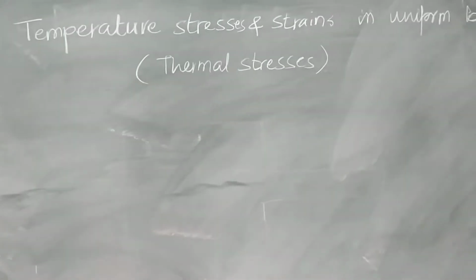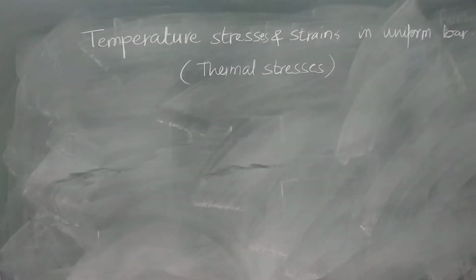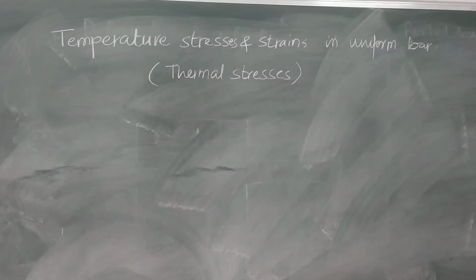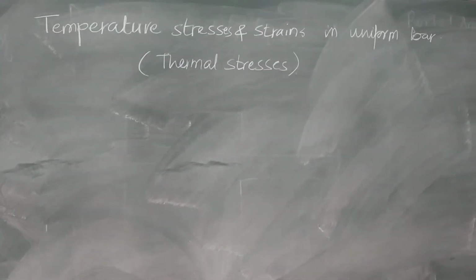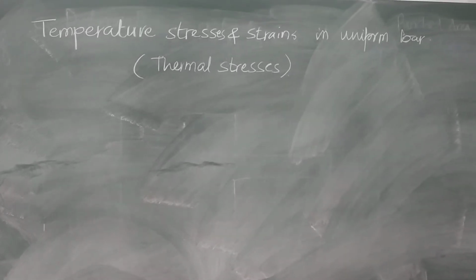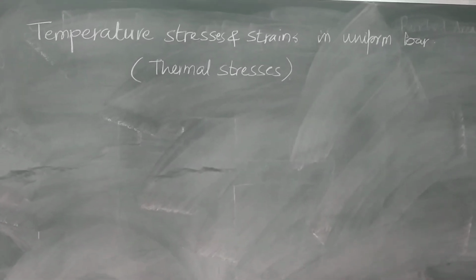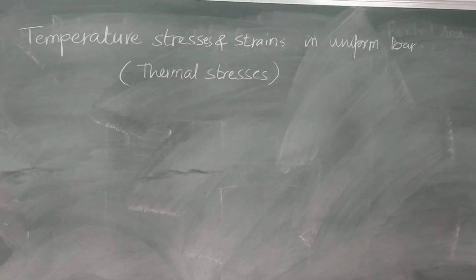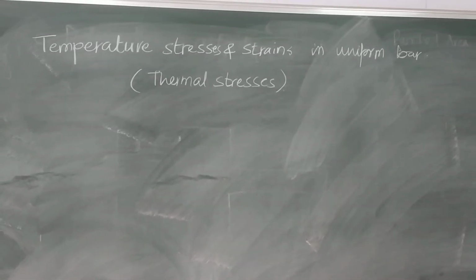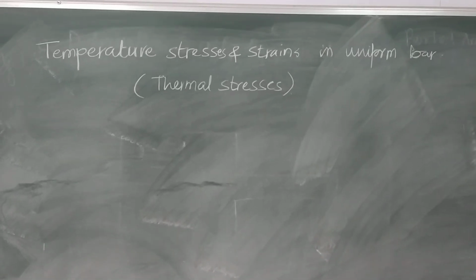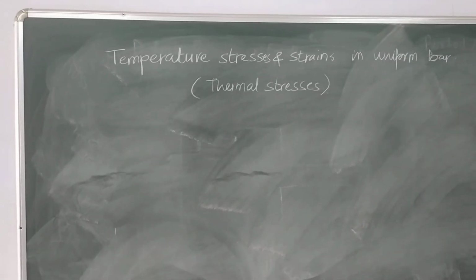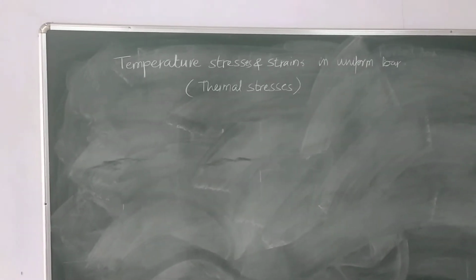But if the temperature change is restricted, the bar is put in some holder from both the sides, then stresses are developed due to this change in temperature. These are known as thermal stresses. Almost all the metals are very prone to thermal stresses more or less.